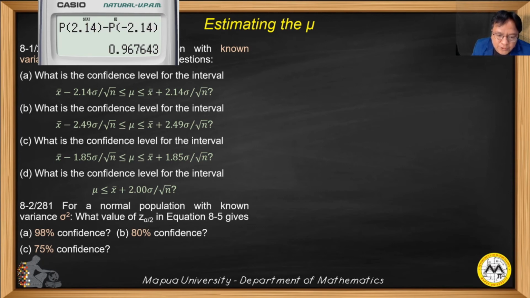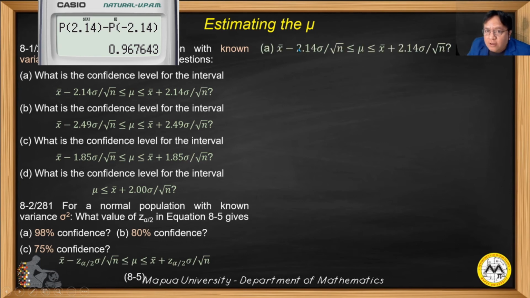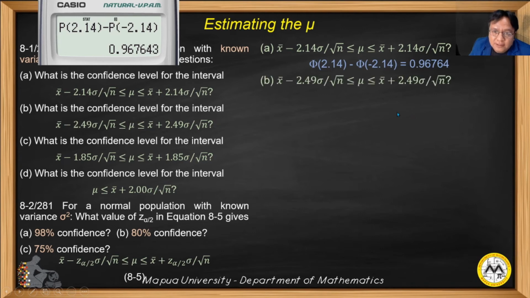When we compute that, it would be 0.9676. Just to show the solution, from negative 2.14 to positive 2.14, it would be phi of 2.14 minus phi of negative 2.14. So that's 96.76% confidence.